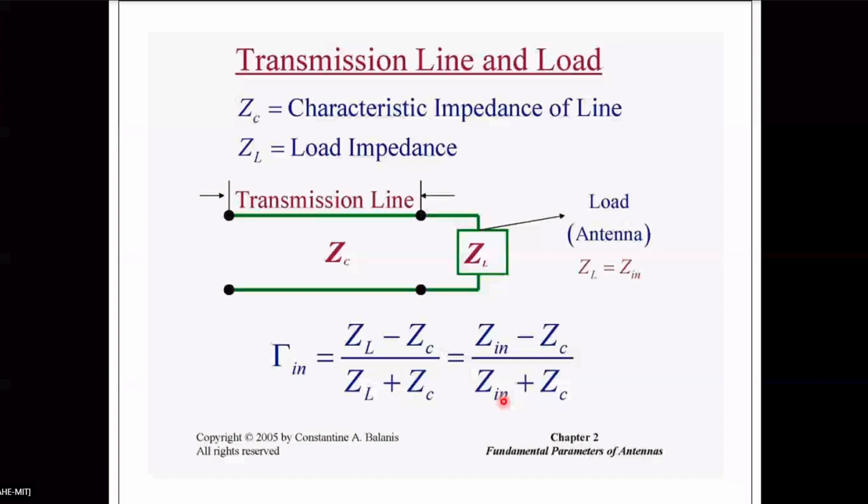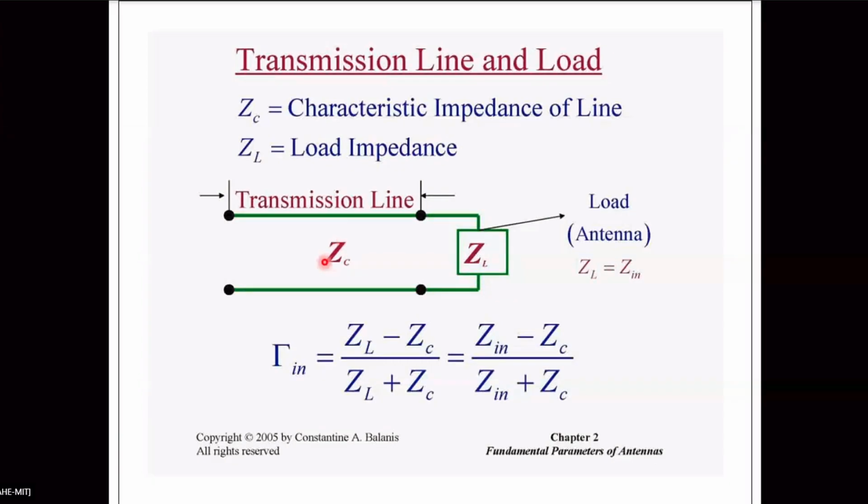So tau in is (Zin minus ZC) by (Zin plus ZC). ZC is the characteristic impedance of the transmission line. It is like the intrinsic impedance of a medium. If you compare wave propagation in free space, eta is similar to ZC.